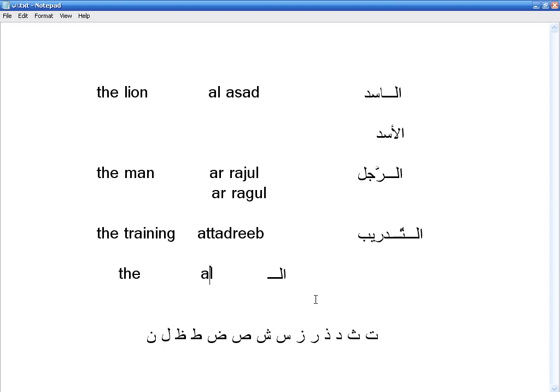Instead of saying al, I'm going to say il. This is how we pronounce that article in the Egyptian accent. Okay, got it?